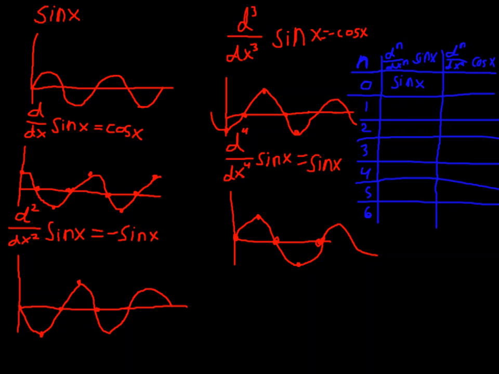The first derivative, we said that's cosine x. The second derivative is minus sine x. The third derivative is minus cosine x. The fourth derivative is itself, back to sine x.